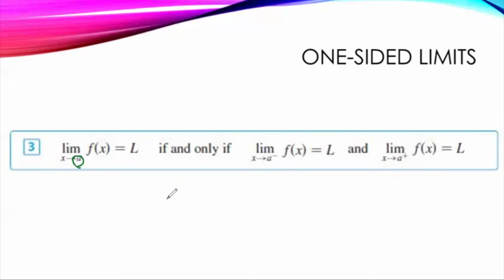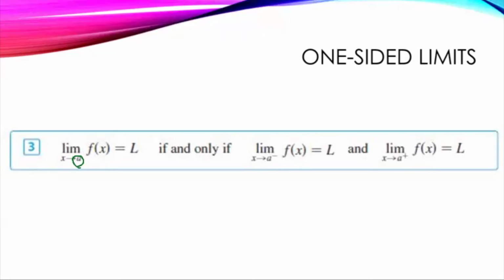If we have a case where the left-hand limit is not equal to the right-hand limit, then we can say that the limit of that function as x approaches a does not exist, just like the previous example.